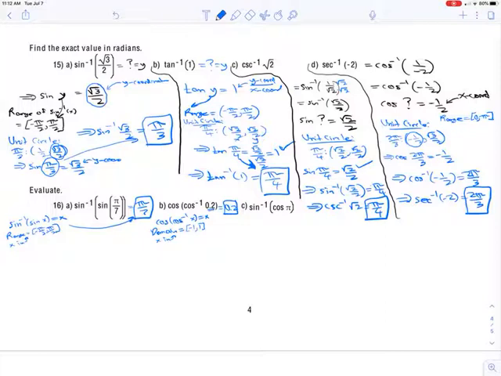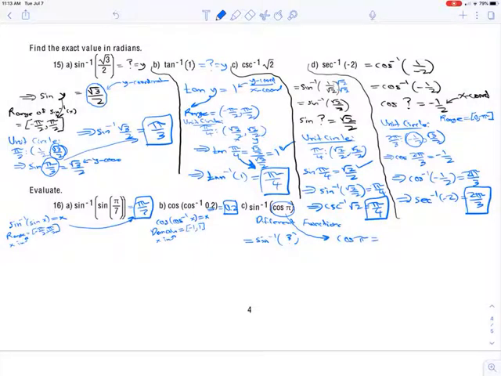All right, now you look at the last one, no shortcut on this one. We got sine inverse of cosine of pi. So these are different functions, so we're going to have to simplify inside out. Let's go ahead and find out, what is cosine of pi? So we'll go here to the side. Cosine of pi is equal to what?